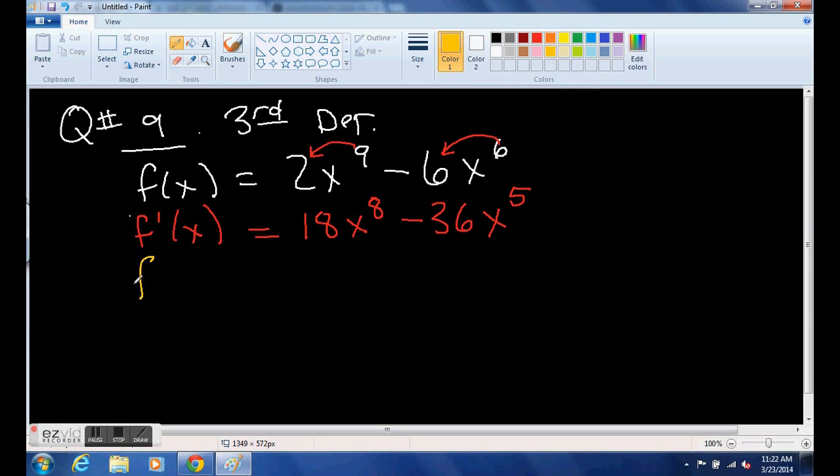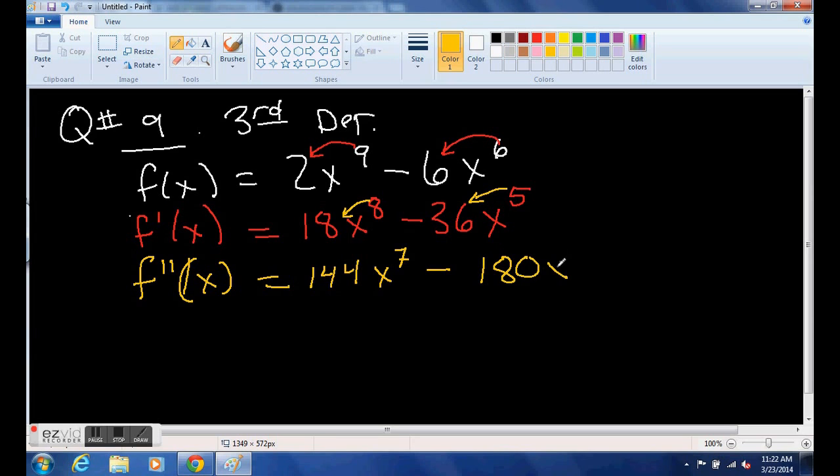It's nice having these colors, I think. Second derivative of x equals 18 times 8, you're going to have to use your calculator. I do not have 18 times 8 handy in my head, although I could figure it out. 36 times 5 is 180, x to the 4th, and we're just going to keep going.